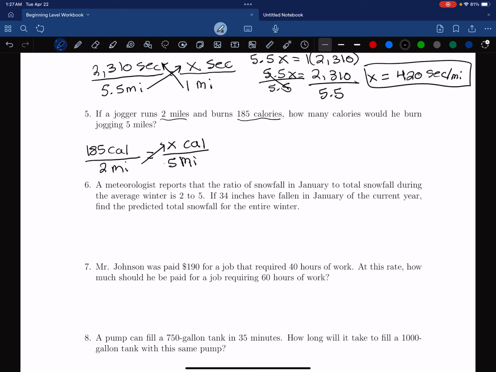So let's cross multiply. We get 2 times x equals 5 times 185.